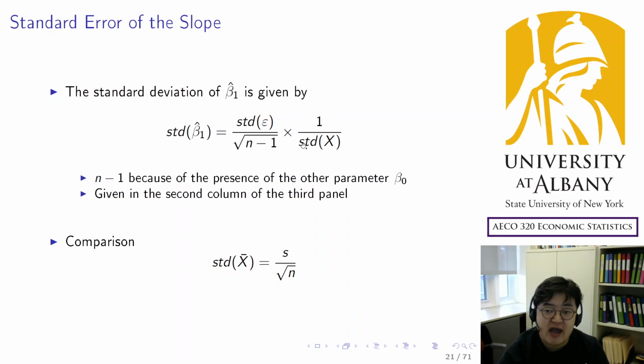If x varies more, the greater the standard deviation in x, then the smaller the standard deviation of beta 1, which means the estimation is more accurate. So you get better estimation when you have more power to vary x. There are different ways to interpret the formula. Anyhow, this is calculated.